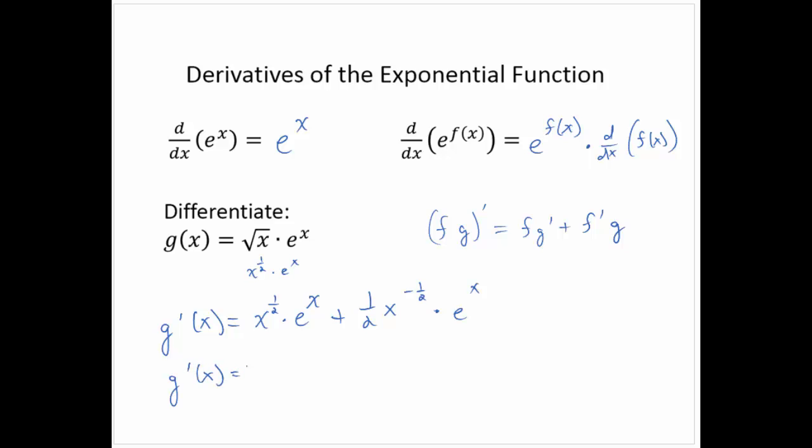I can write g prime of x, I can factor out the e to the x, and I'm going to write these other factors back in terms of the square roots. So x to the 1/2 is the square root of x, plus 1/2 x to the negative 1/2 is 1 over 2 times the square root of x. And so there's the derivative of g of x.